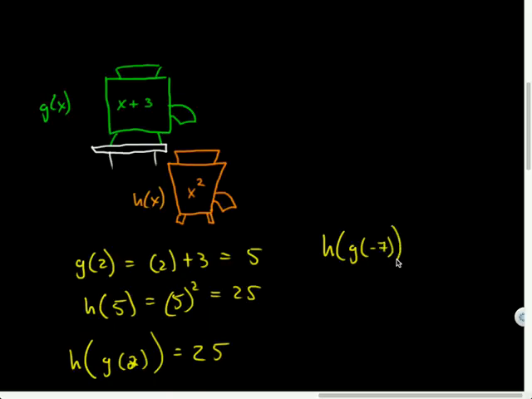I already forgot. And the way you could calculate that is in 2 steps. Take -7, plug it into g. So g of -7 is -7 plus 3, and that's -4, right? Then take that -4. The moment it fell out of that machine, it's going right back into h of x. So h of -4 is -4 squared.